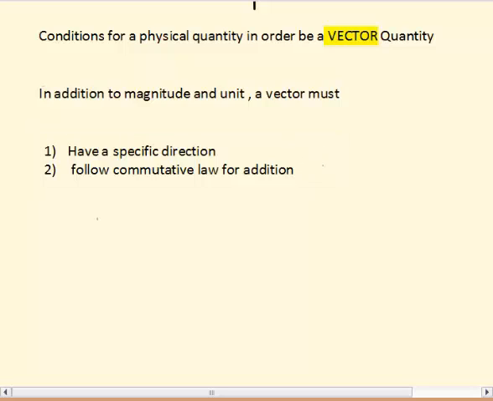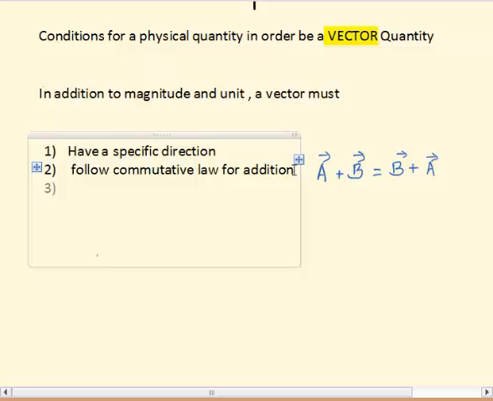That means vector A plus vector B must be equal to vector B plus vector A. And third rule is, must follow parallelogram law for vector addition.